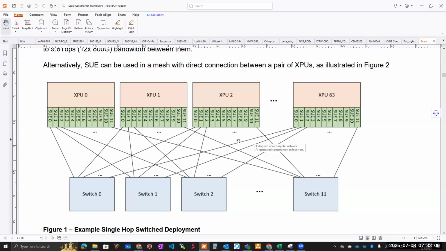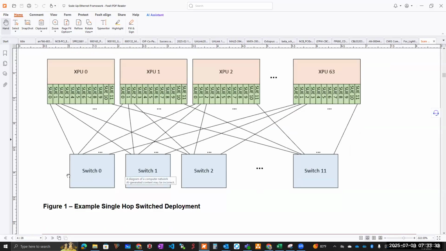When you see the switch connection, for example this one, it says XPU 0, XPU 1, XPU 2, and so on, all the way to XPU 63, and then you have so many different switches.